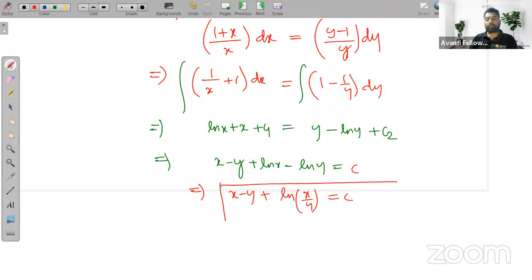So this is the solution of the differential equation. I hope this is clear to everyone.